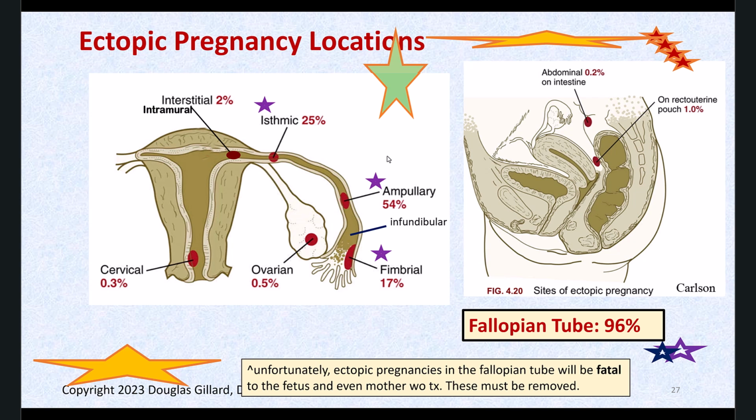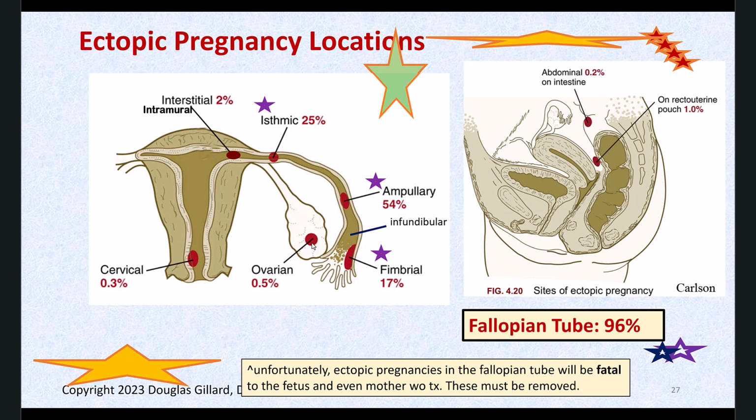There are questions on the test about this, not the exact numbers, but you have to have an idea. For example, 96%, by far the most common place for an ectopic pregnancy, is in the fallopian tube itself. It can happen rarely on the ovary if the fertilized egg gets out, or if the fimbriae missed the egg and it's floating around, or it lands on the ovary itself. The sperm, like hound dogs, can go right out the end of the fallopian tube and chase it into the pelvic cavity.